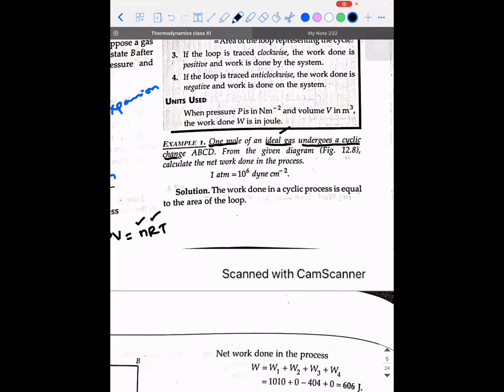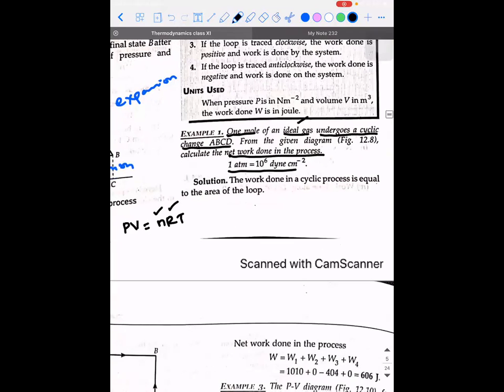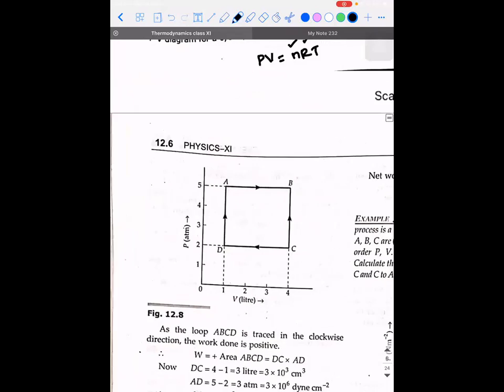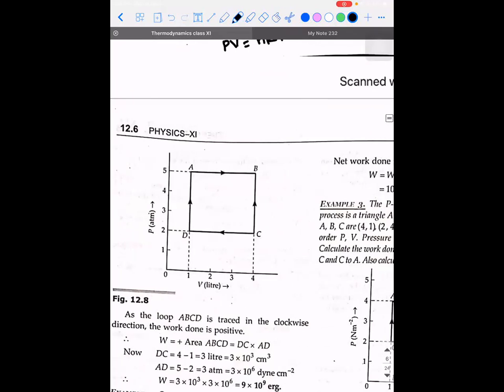undergoes a cyclic change ABCD. From the given diagram, calculate the net work done in the process. Consider 1 atmosphere to be 10 power 6 dyne per centimeter square. So this is the process that they have given.